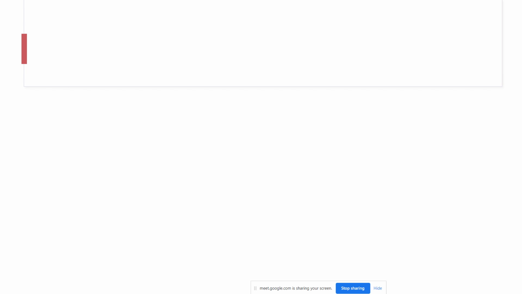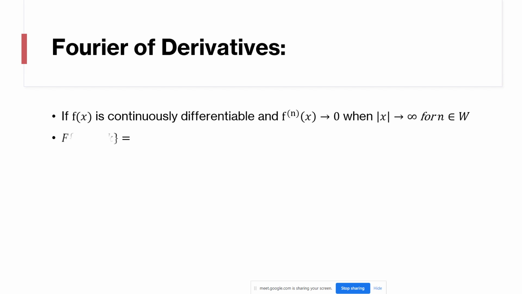Then we come to the next part, that is nothing but the Fourier of derivatives. Really simple. We have to find out the Fourier of the derivative of the function. But over here, we restrict ourselves to functions which are continuously differentiable, and whose derivative of any order converges to 0 if x approaches infinity or minus infinity.